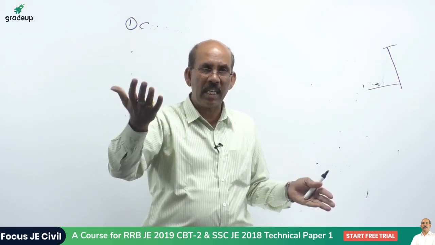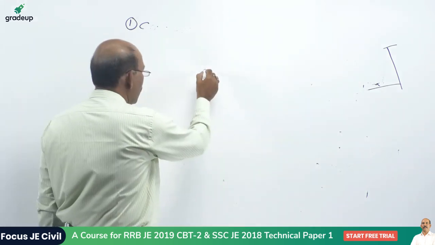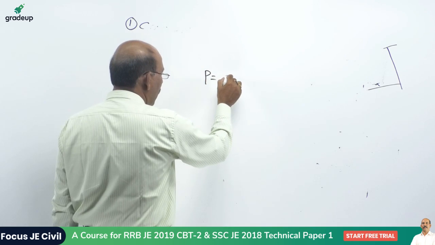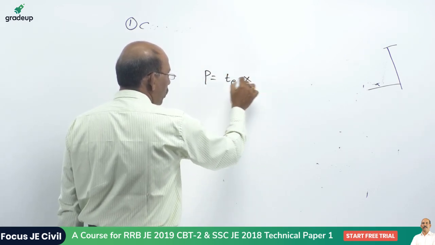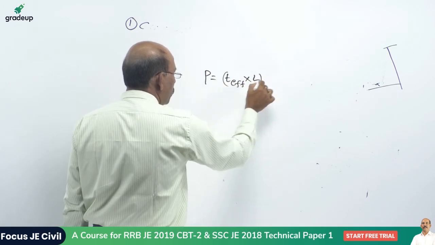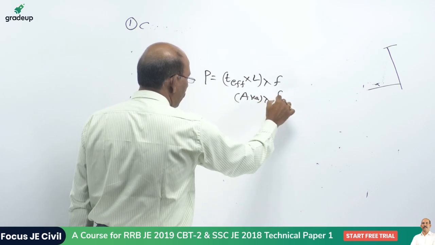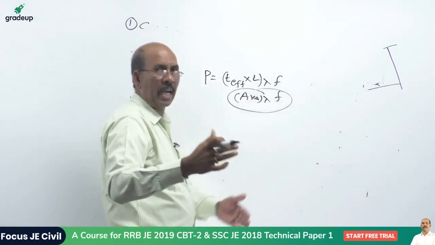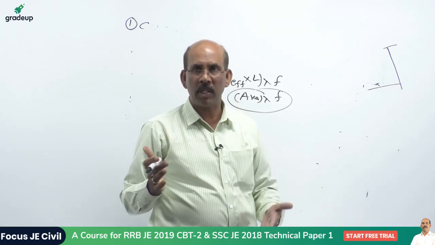But if you calculate the size of the weld and length of the weld, for example the strength of the weld is equal to T effective into the length into stress. So this is the area of the weld multiplied with the stress. This particular calculation normally consumes more time, so such questions are not possible.